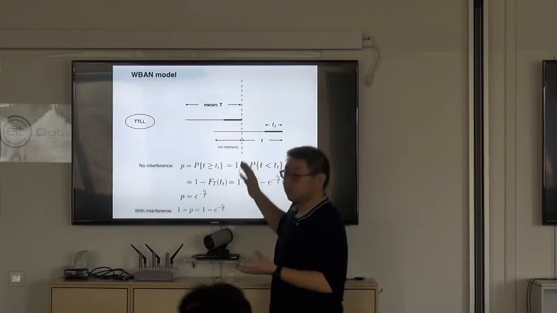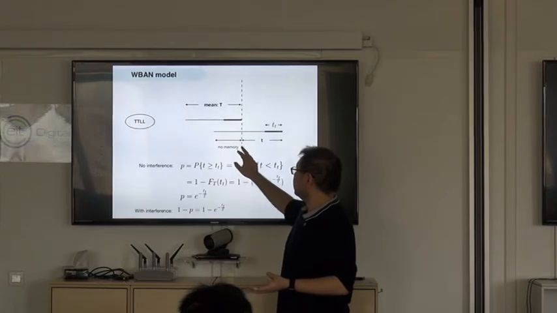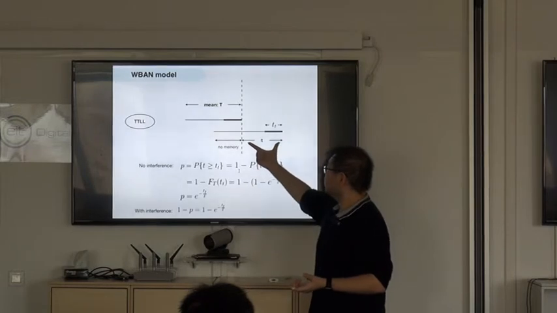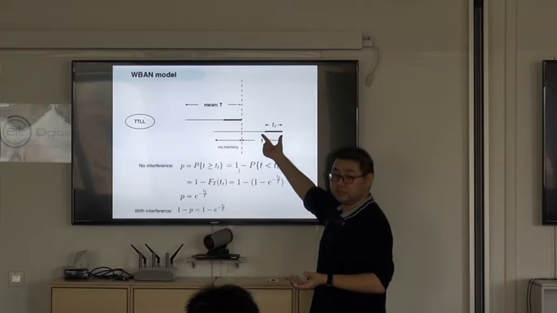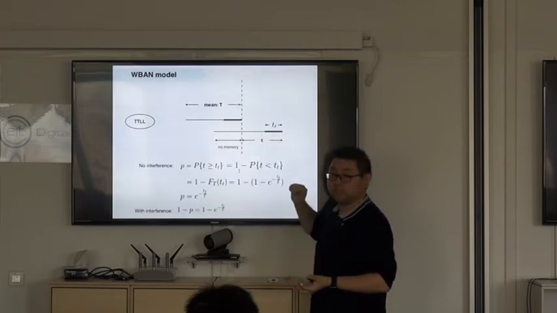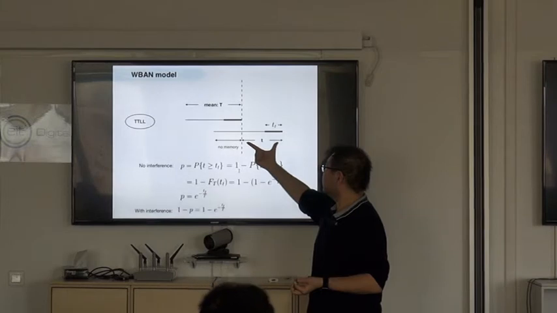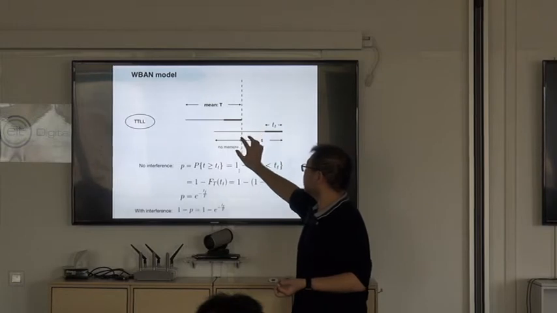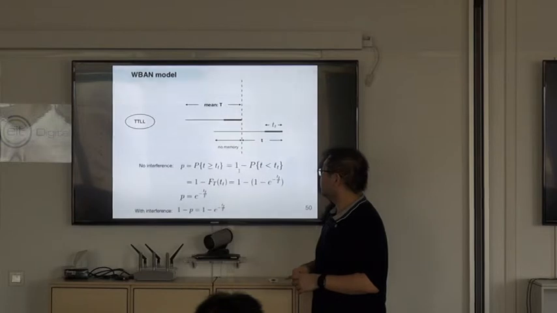We say there are no collisions if, after the first one finishes its transmission, the rest time of the second one is bigger than the TT, then we don't have interference. But if this value is smaller than TT, then we have interference, because this part will change to here. We have the overlapping of the messages.